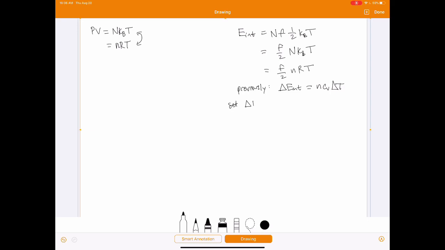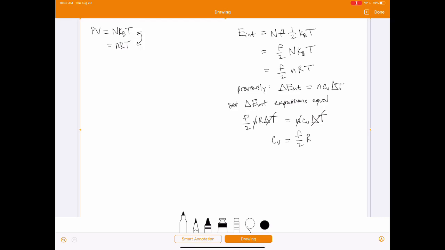So set the delta E internal expressions equal. Okay, so the first one we have is F over 2 n times R times delta T. That's what we got from the Equipartition theorem. And then we have n CV times delta T, which we derived in the last lecture. Okay, so cancel out n as well as delta T. And what we have is CV is equal to F over 2 times R.